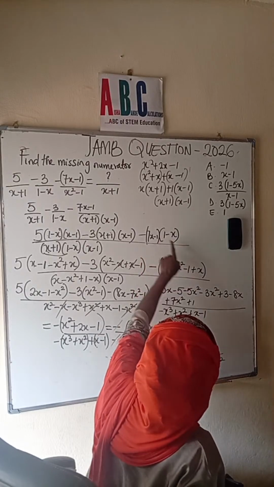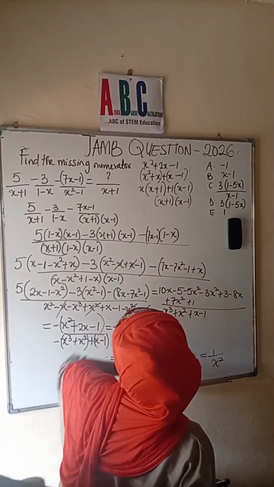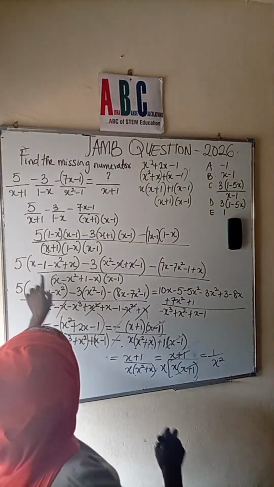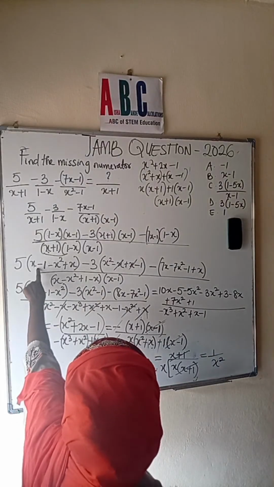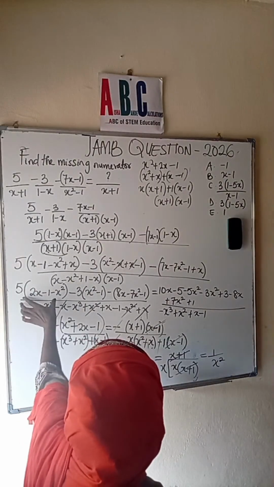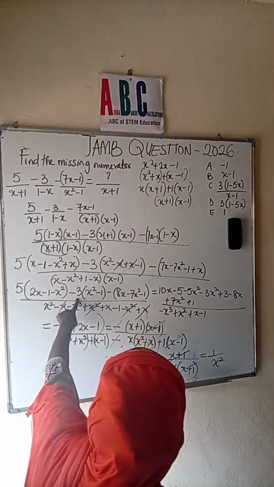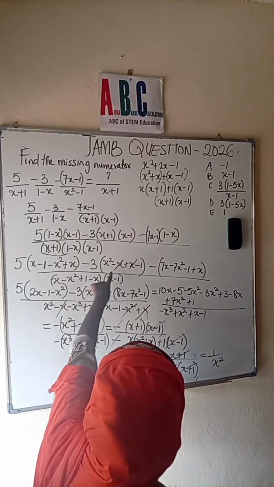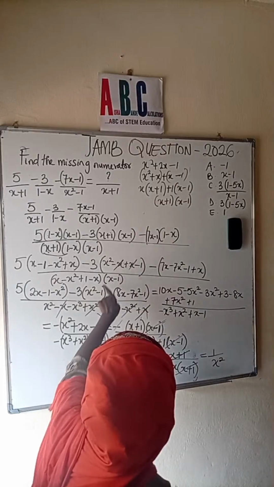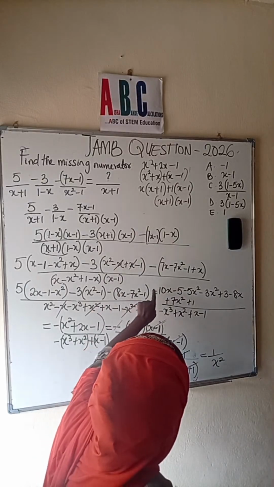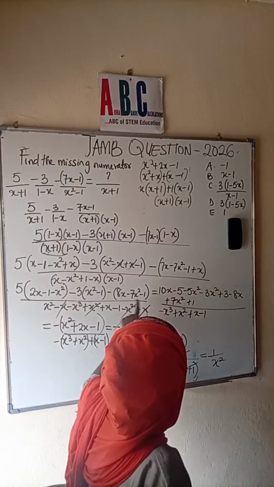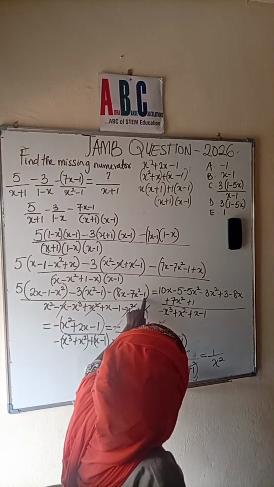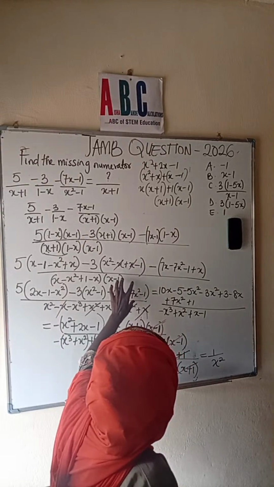Minus times minus plus 1 times x is x. Okay, let's go on. This is x plus x gives us this 2x. Minus 1 minus x squared. This is correct. Minus 3. Minus x cancels plus x. Then we have x squared minus 1, minus, coming to this last term, 7x plus x gives us 8x minus 7x squared minus 1. We are done with this.